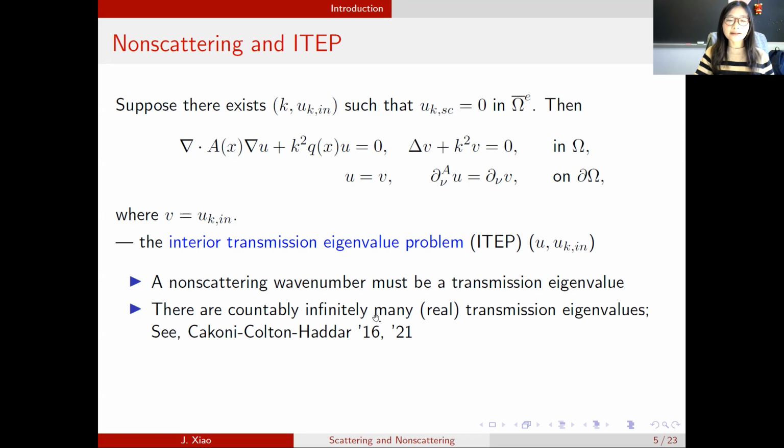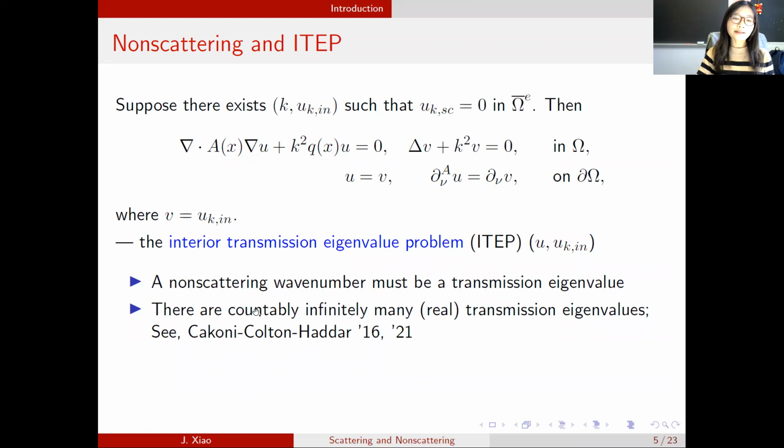Also, the existence of transmission eigenvalues has been studied extensively in the recent 1 or 2 decades. I give Fioralba and David and Houston's book, and also the most recent survey paper, for your reference.